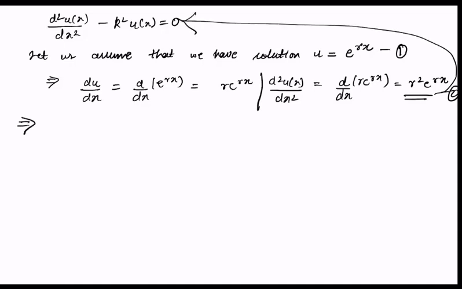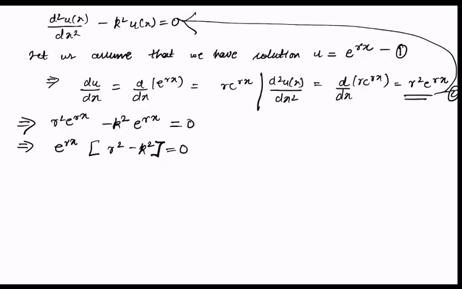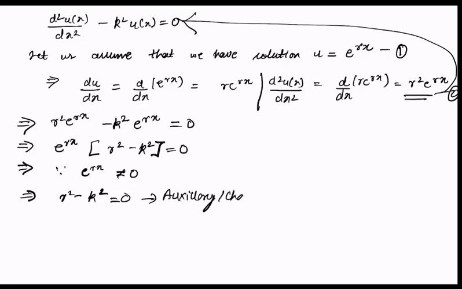So what we will get is r square e to the power rx minus k square e to the power rx is equal to 0. We can take e to the power rx common, and we are left with r square minus k square is equal to 0. Since e to the power rx cannot be equal to 0, we are left with r square minus k square is equal to 0. This is called the auxiliary or sometimes characteristic equation.